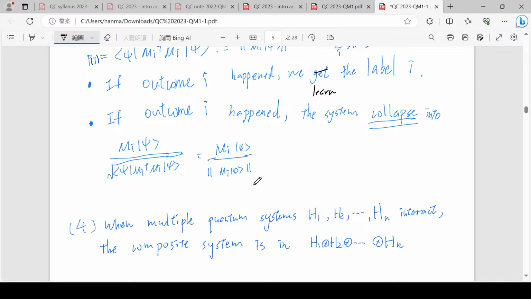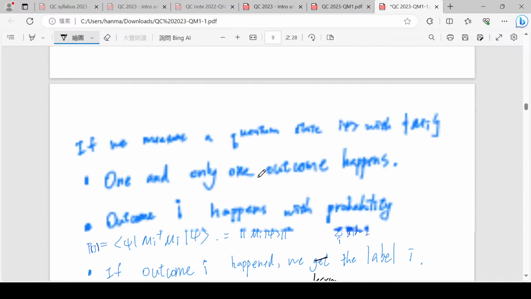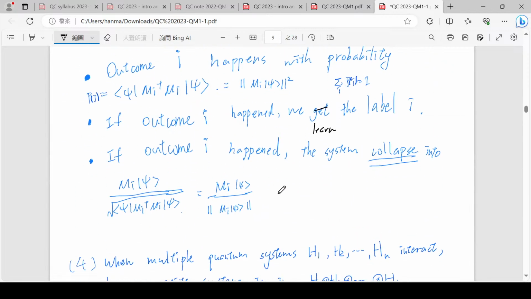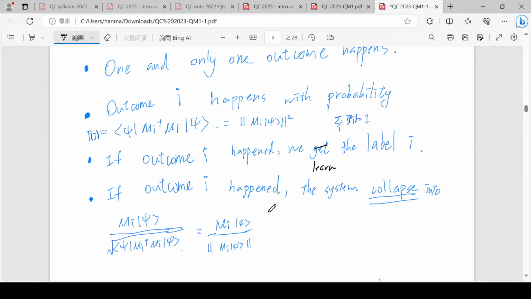Okay. And this is done permanently. So once it happens, then it happens. Your state is changed into this M_i psi. So if you want to change it into another state, then maybe you do a measurement to get into another state, or you do a unitary to get into another state.